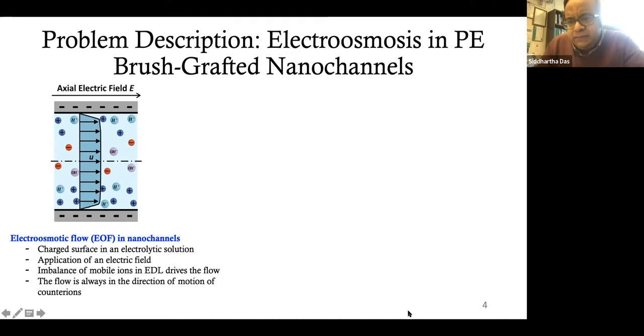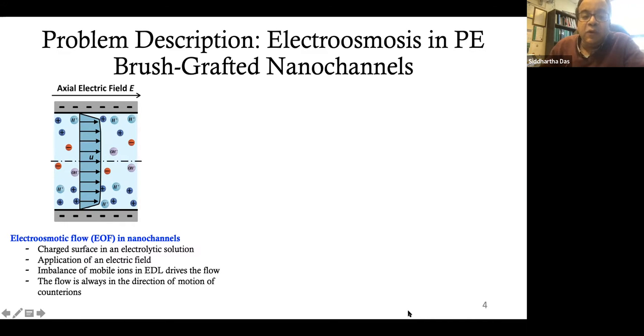So typically in a charged micro or nanochannel, that is, a nanochannel or microchannel with charged walls, in order to nullify those charges on the wall, there is a development of a double layer of electrolyte ions. Inside the double layer, there is an intrinsic charge density, that is, the number of plus ions and the number of minus ions are unequal.